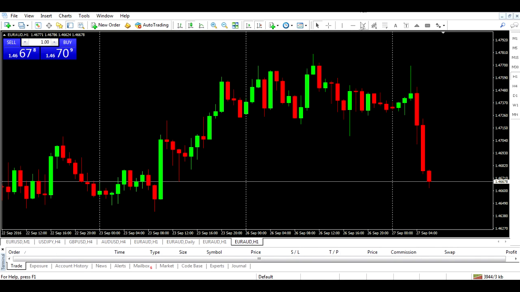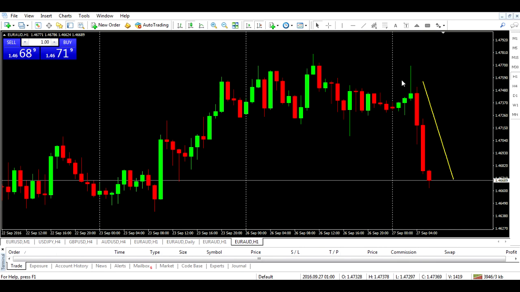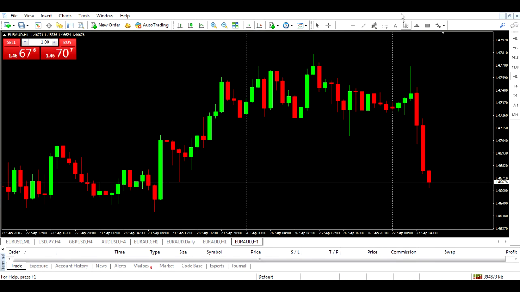Let's say I'm expecting this to go bullish, so I would go on a buy. When I press buy, the trade would enter here because the white line is here, and then I will put a take profit here.